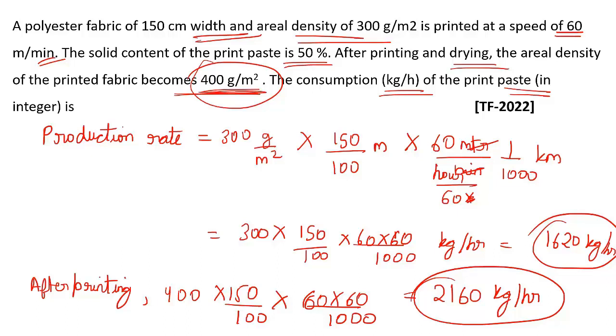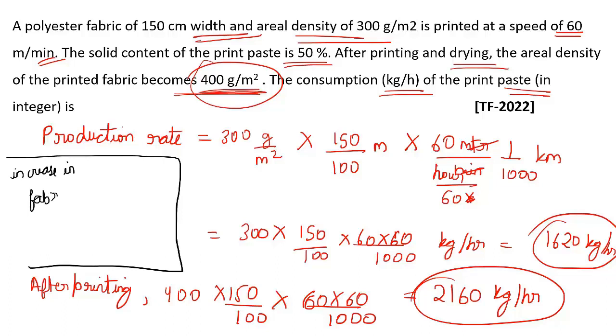The increase in fabric weight will come out to be 2160 minus 1620, which is 540 kg per hour.